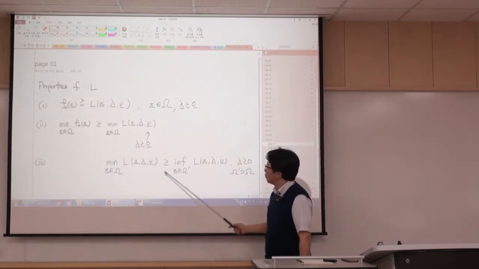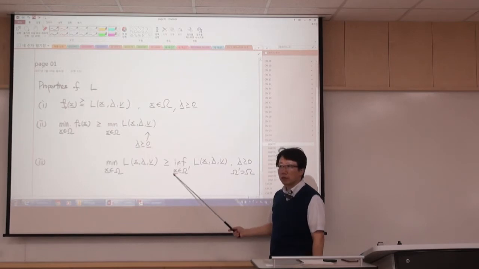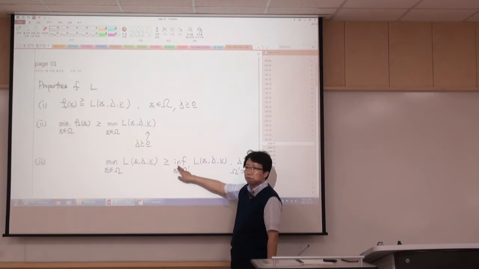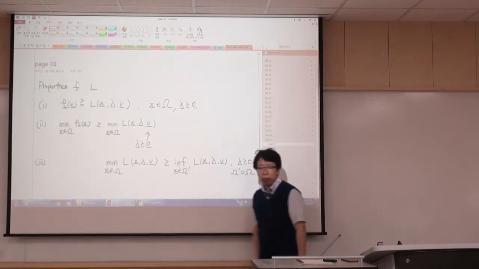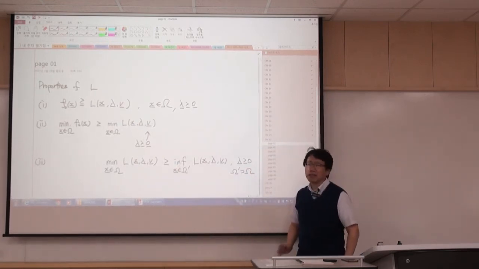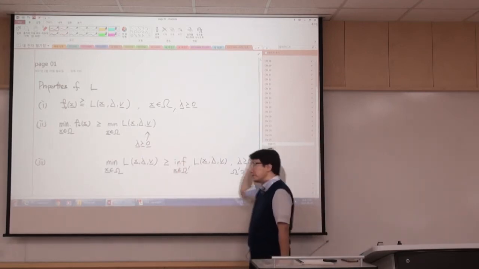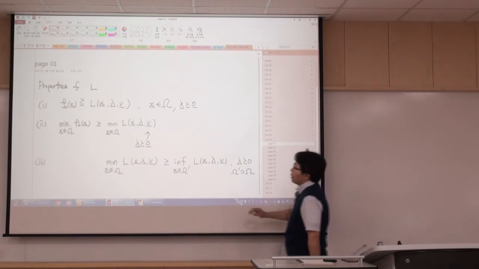But now we introduce another inequality. Here, you may wonder why we have inf here. But if it bothers you, you may say that this is minimizing. Okay? Anyway, the idea is this one.